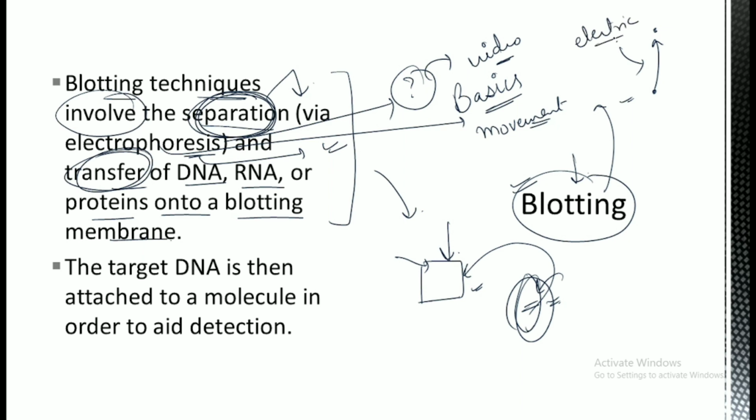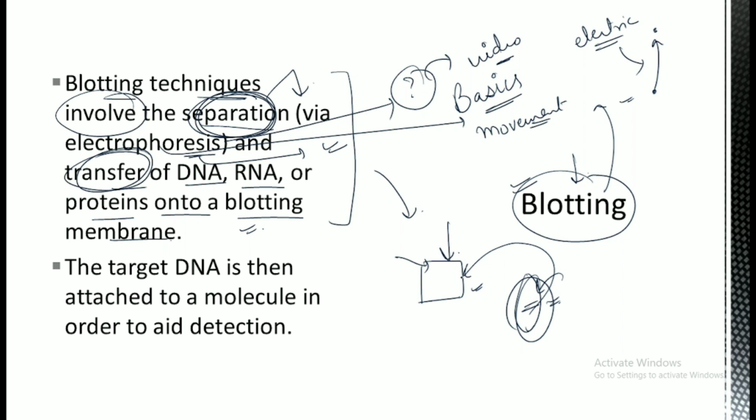We'll be discussing this in detail in the further videos. Wait for those videos, but for the time being, just understand that the blotting technique involves the separation and the transfer of the DNA, RNA and the proteins onto the blotting membrane.